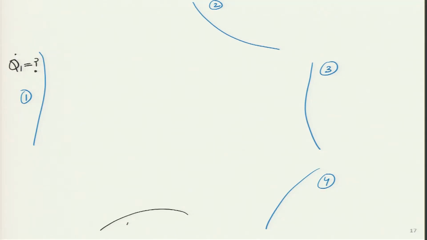So, this is the nth surface, and in between there are many surfaces. I will just show the concept for this particular case. There are so many surfaces over here, and each of them has its own temperature and area.